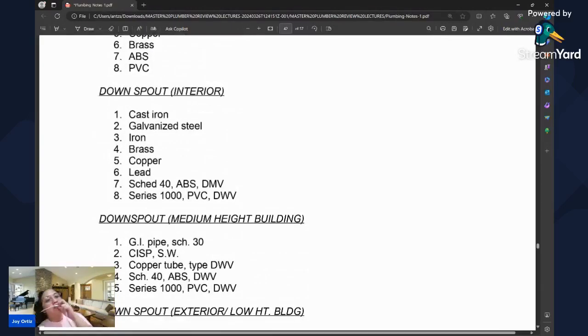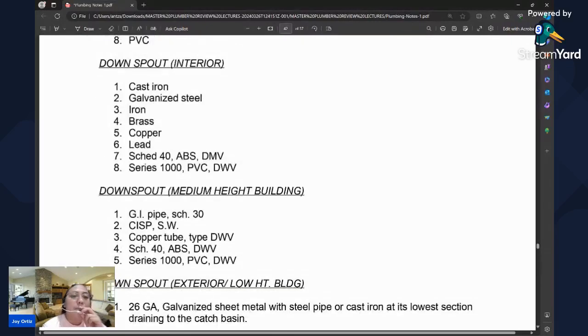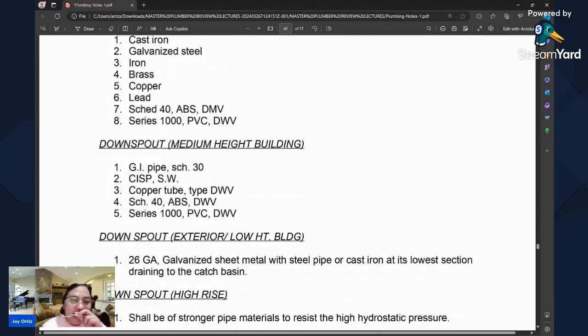For the interior downspout, we have cast iron, galvanized steel, iron, brass, copper, lead, Schedule 40 ABS DWV, and Series 1000 PVC DWV.